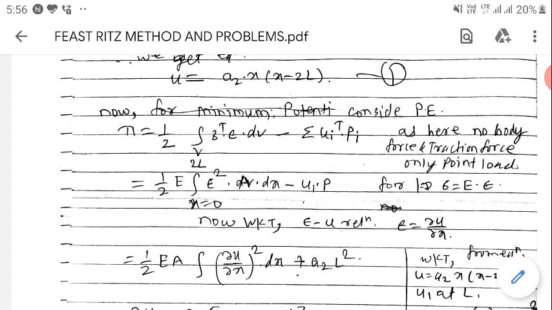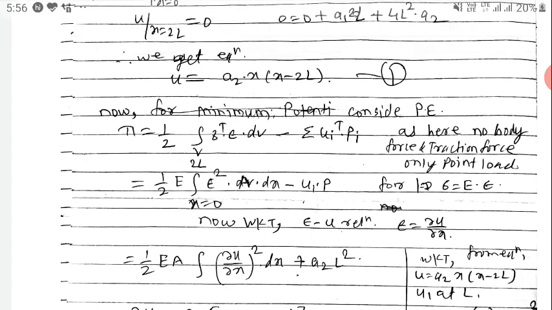Now we know the strain and displacement relation, that is epsilon is equal to del u by del x. So half of E into A is having the integration of del u by del x bracket square into dx plus A2 into L square.